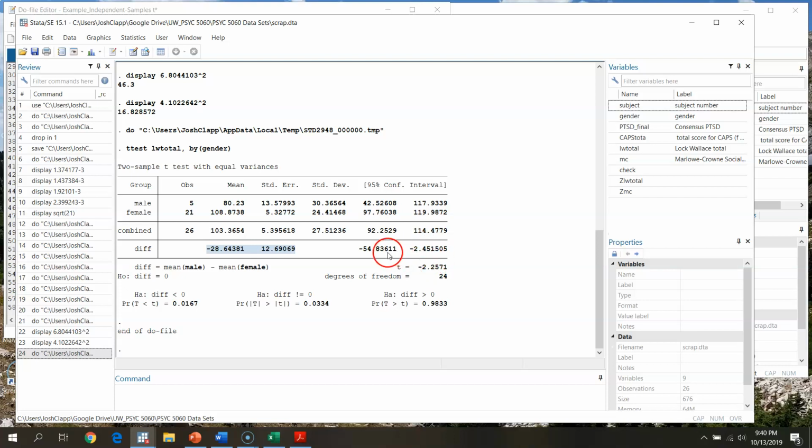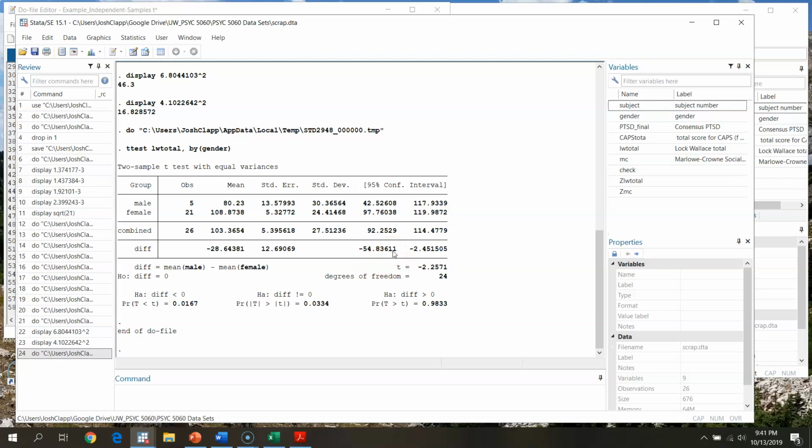Okay, so my best guess for the difference in marital satisfaction on the Lock-Wallace across men and women is 28.6. But based on the data that I've got, anything from a difference of 2.5 points less for men to 54, close to 55 points less for men is going to be reasonable based on the data that I've collected.